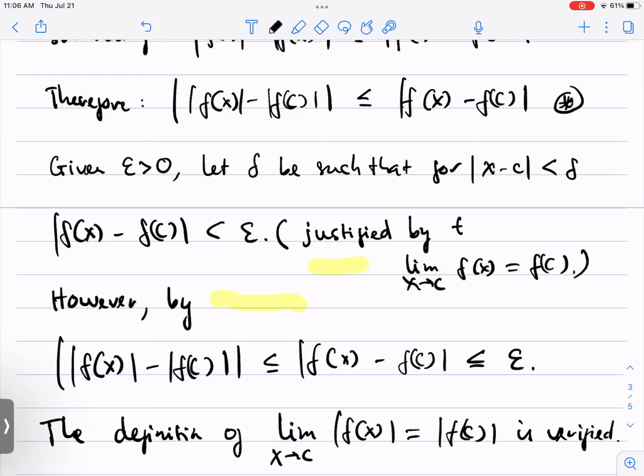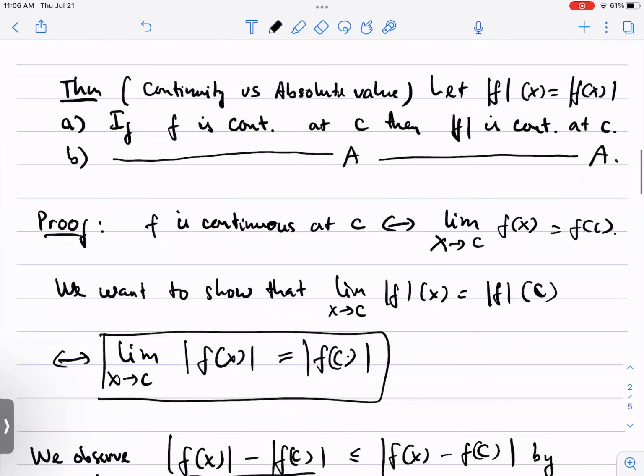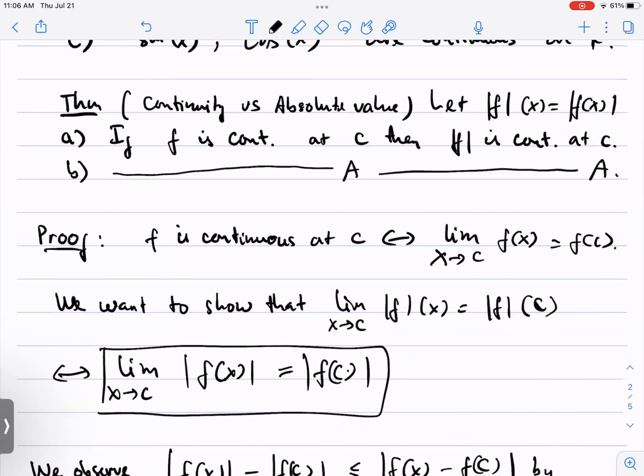So this is justified by the definition of the limit equation which we obtained from the continuity of the function f.